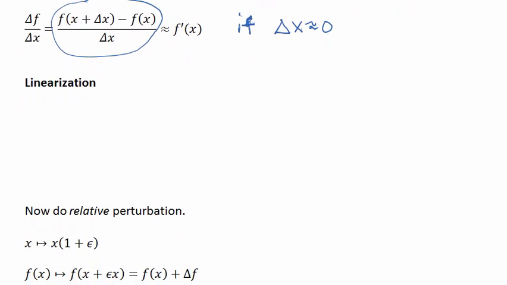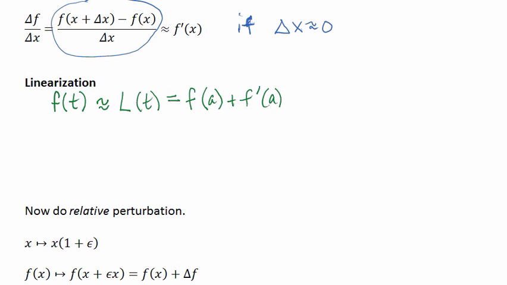Just as a reminder of something you should have seen in calculus, there's this concept of linearization. So if I want to approximate a function f of t, we say that f of t is well approximated by a linear function L of t, and L is defined by f of some value a plus f prime of a times t minus a.